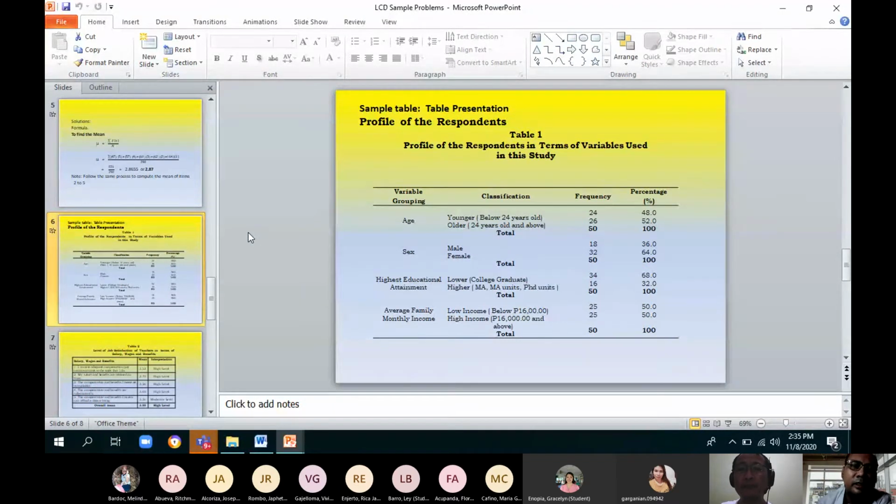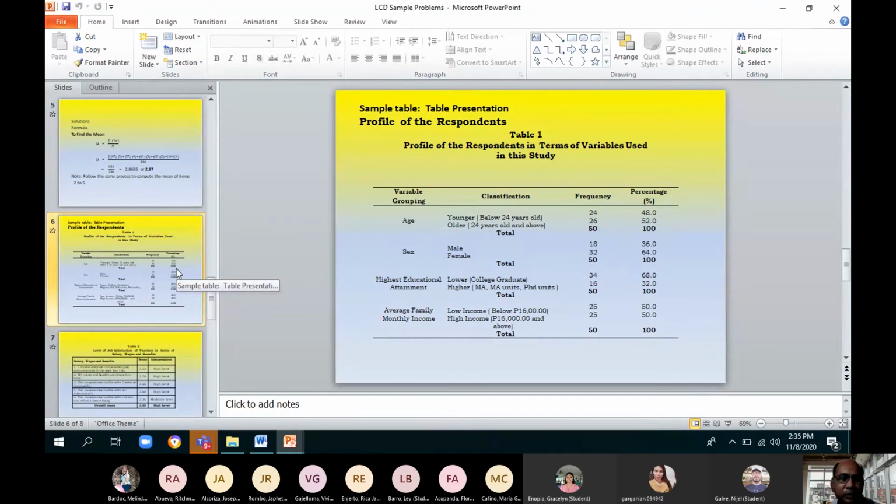Take note, this is a sample table presentation in your thesis, what to do in your thesis. There is a format. As I have said, our format is short size bond paper, 8 by 11.